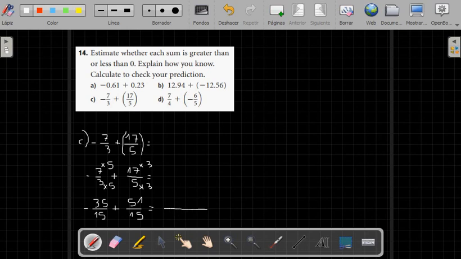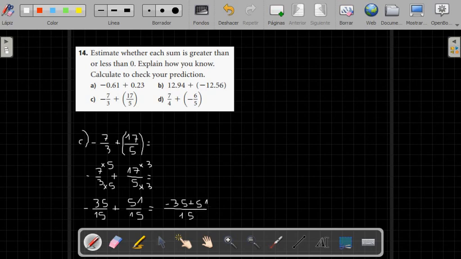We place that denominator, colocamos ese denominador, and just write the numerators. Minus 35 plus 51.